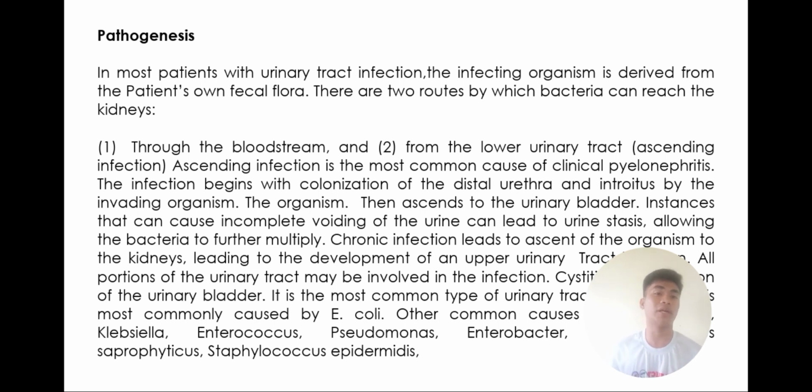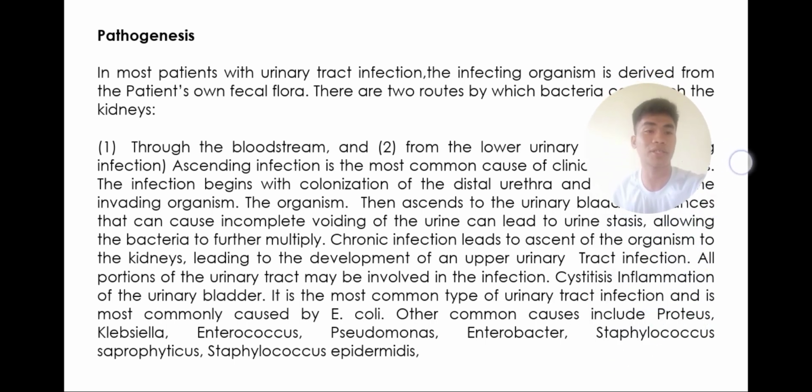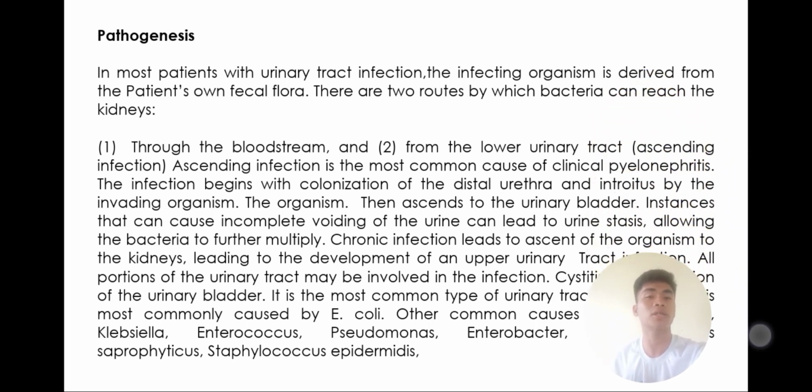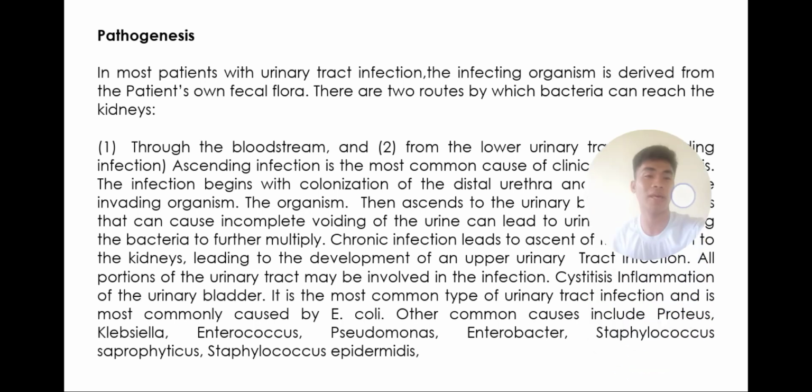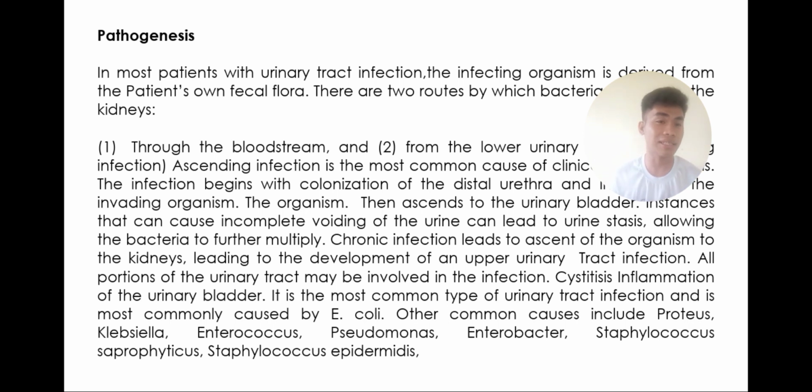Chronic infection leads to ascent of the organisms to the kidneys, leading to the development of an upper urinary tract infection. All portions of the urinary tract may be involved in the infection. We have cystitis, inflammation of the urinary bladder. In the kidney, we have the infection pyelonephritis, and in the urinary bladder, we have cystitis.